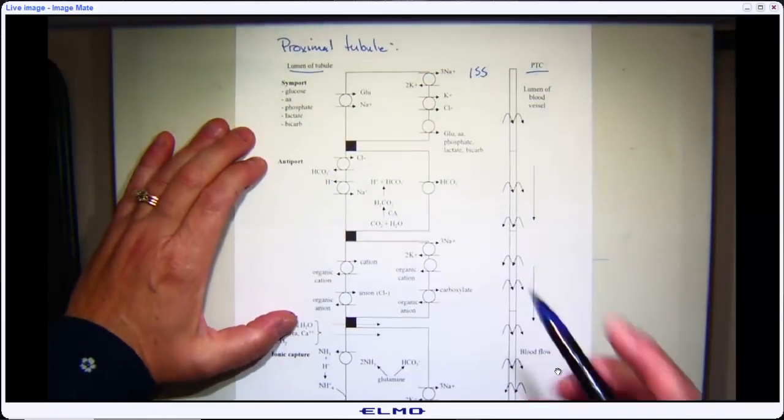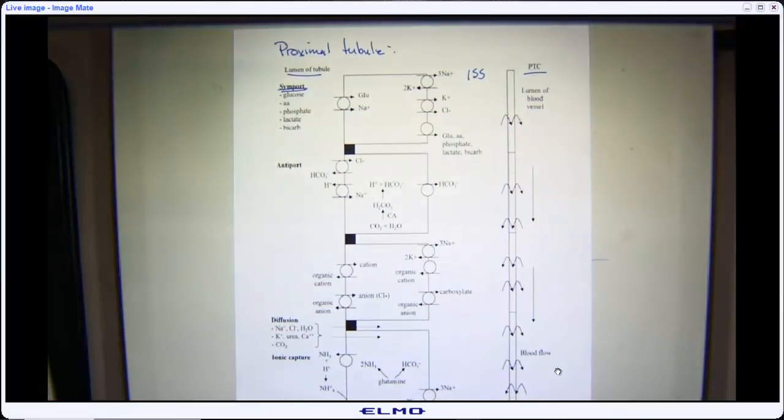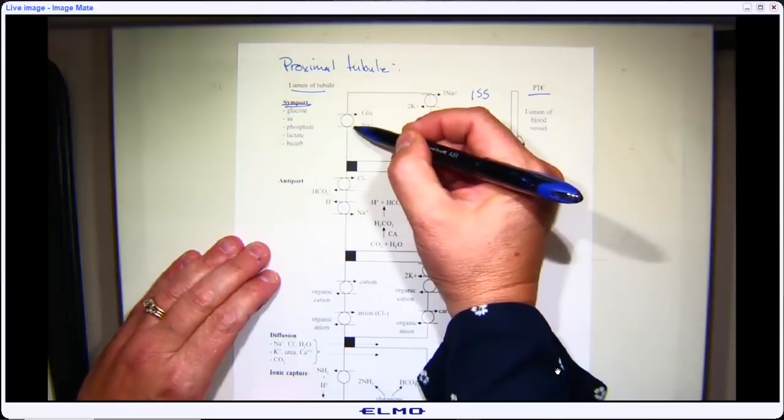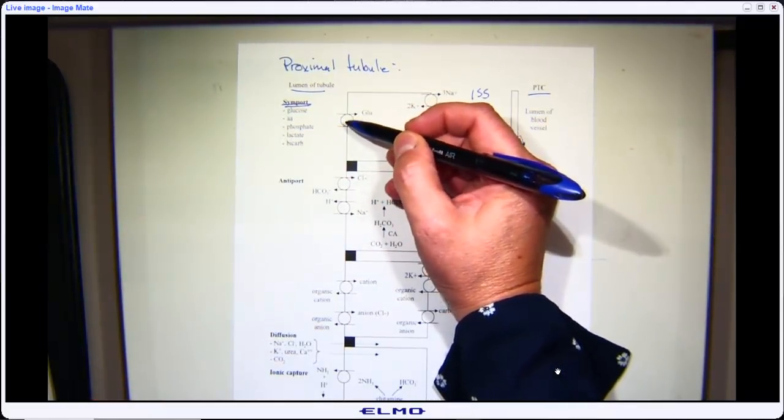So essentially, we have asymmetrical cells. The whole kidney is built on this common theme throughout physiology of cell asymmetry. If I want to move something from compartment A to compartment B, I just build a cell that is decorated on one side differently than on the other. So I can put glucose transporters on the luminal side of the tubule cell.